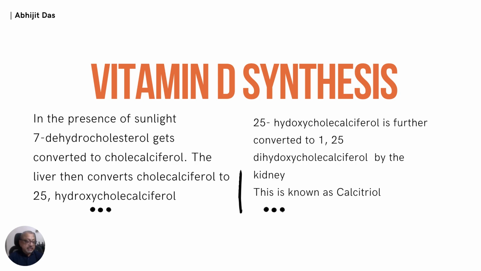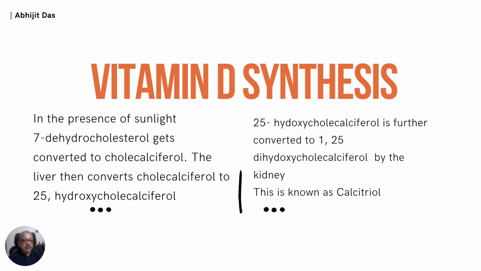Then the vitamin D synthesis. In the presence of sunlight, 7-dehydrocholesterol in our skin gets converted to cholecalciferol. The liver then converts the cholecalciferol to 25-hydroxycholecalciferol by adding one hydroxyl ion.